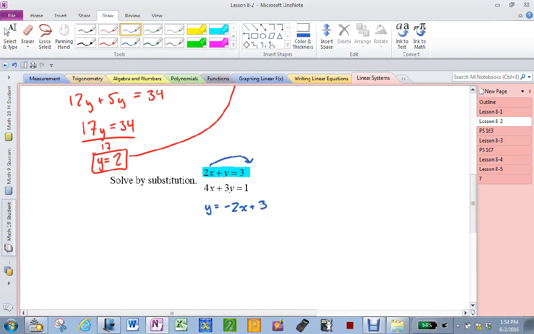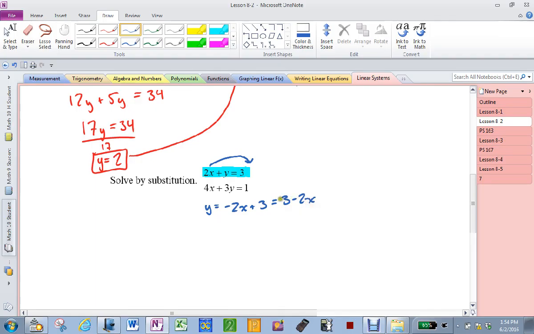But then, later on, when you do math with this, that negative messes with you if you put it first. I don't know why it messes with you, but I've been teaching 17 years of math, and if there's a negative at the beginning there, for some reason, you guys make computational errors all the time. So I would write this, if I were you, as 3 minus 2x.